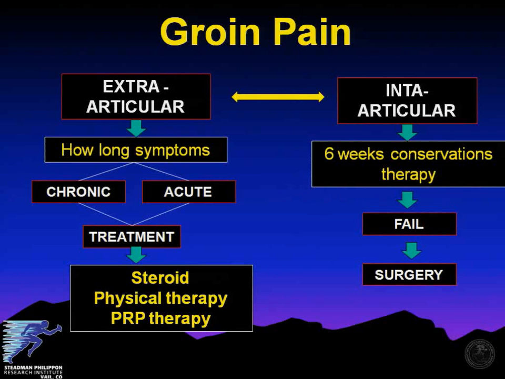Our treatment algorithm for those patients: we used to use more steroid injections combined with physical therapy, but now our algorithm has evolved more to platelet-rich plasma therapy, and we've had very good success with that therapy for that type of problem. As far as intra-articular problem, if we have a documented labral tear, documented condyle problem, we'll try 6 weeks of conservative therapy. If it fails, then we'll consider surgery.